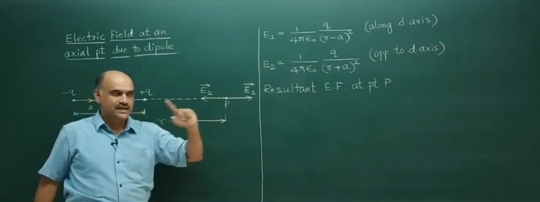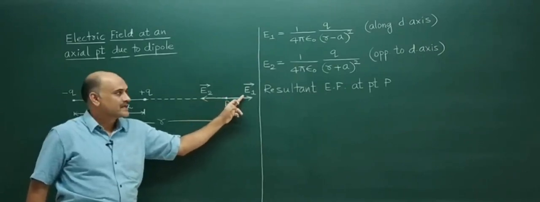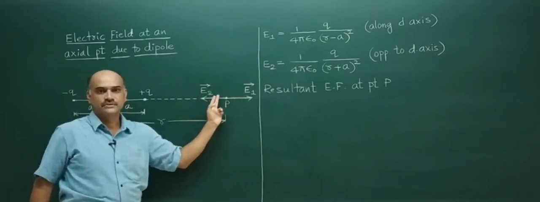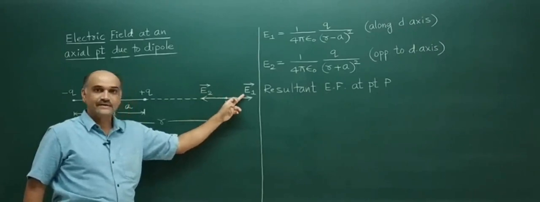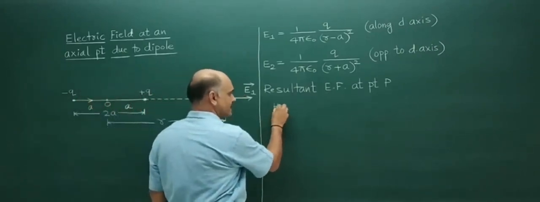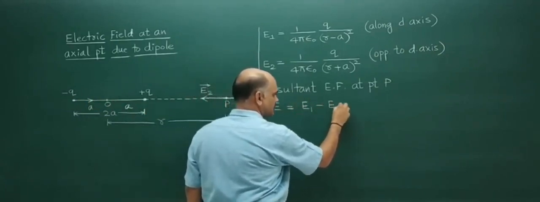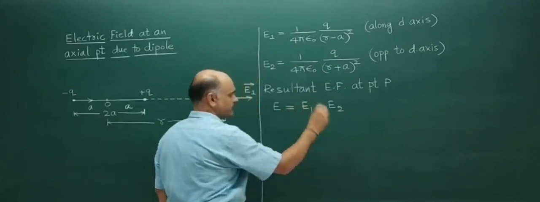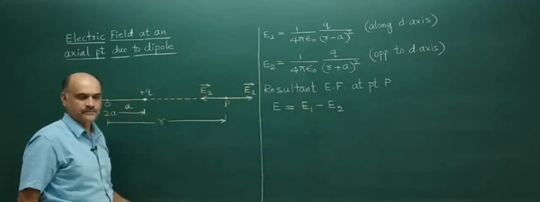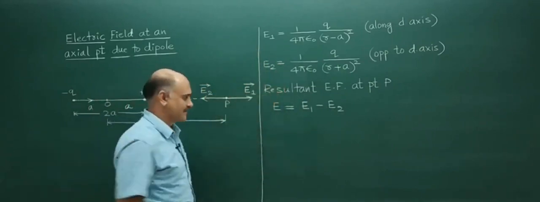If two vectors are in the same line but in opposite direction, then resultant will be the difference of these two. So here it will be E1 minus E2. So resultant electric field, I will denote it by E. E is equal to E1 minus E2. Now I will substitute these values and simplify.